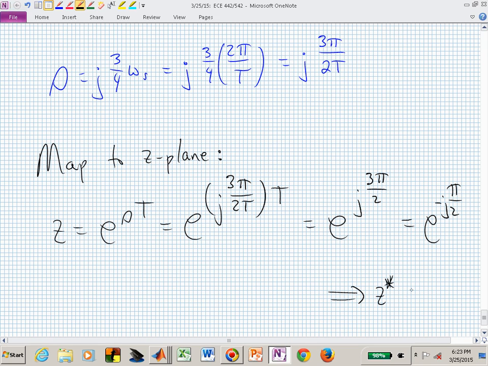So that z star, its conjugate, is actually maybe in this primary half circle from 0 to 180, or from 0 to pi.